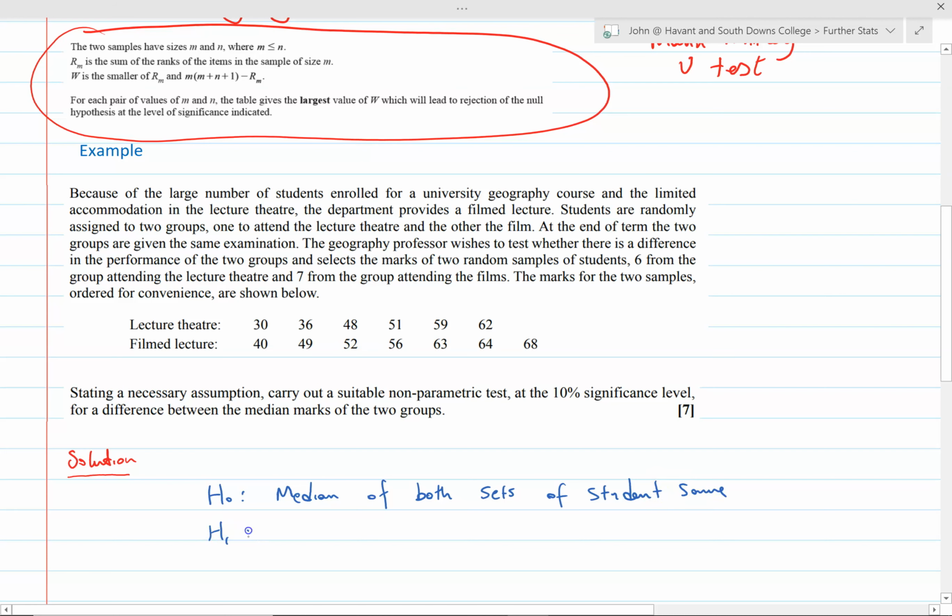H1 is that the medians are not the same. I don't think, looking at the question, we're given any hint of direction. It says stating any necessary assumptions, so same shape is the assumption: assuming the shape of distribution for both sets is the same.